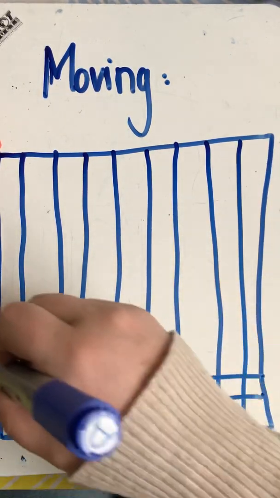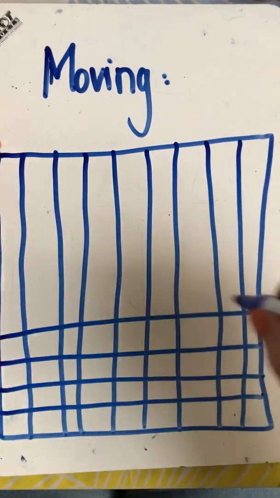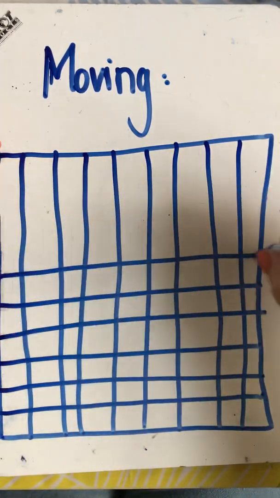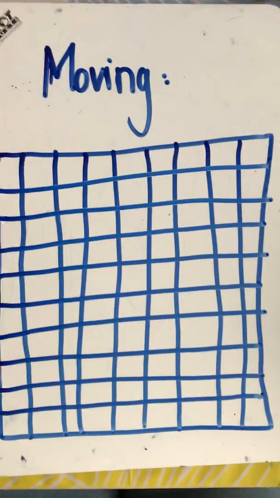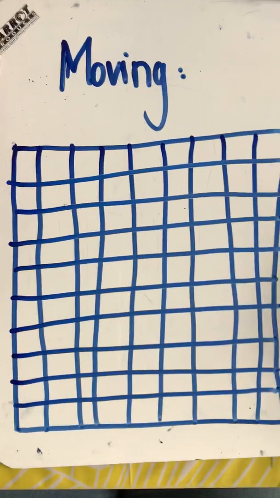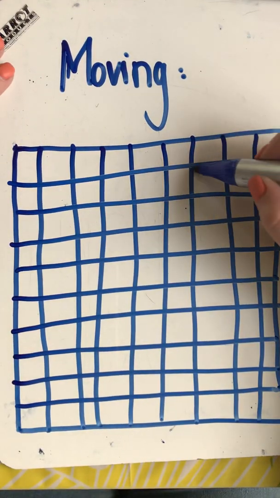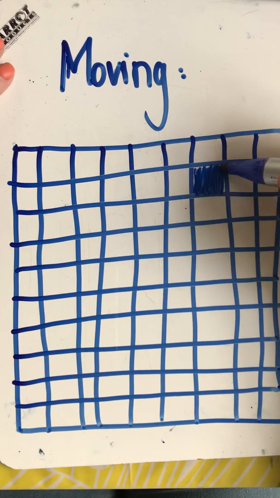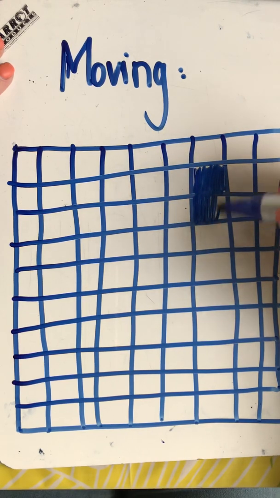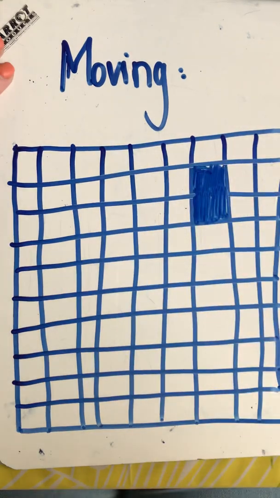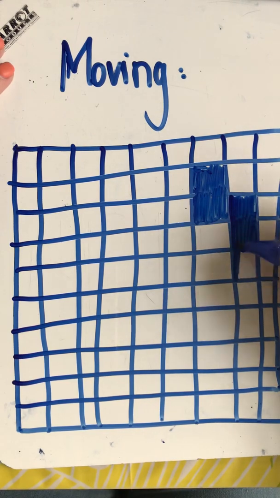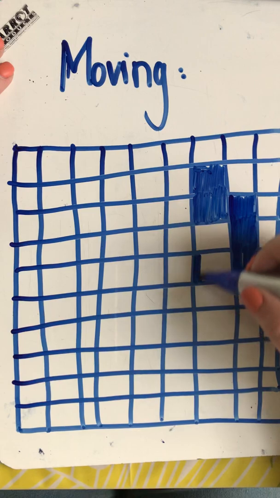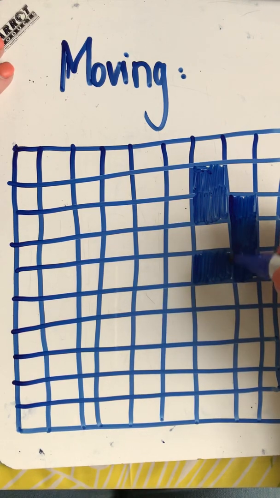You will most probably get a grid with a shape that has been colored. So let's take this block, let's take this one, and let's take the third one. Let's bring it one back.